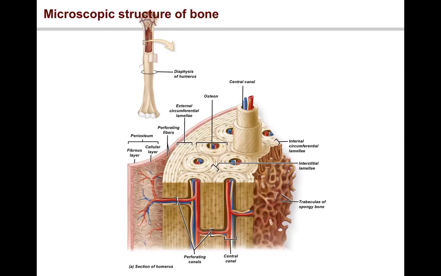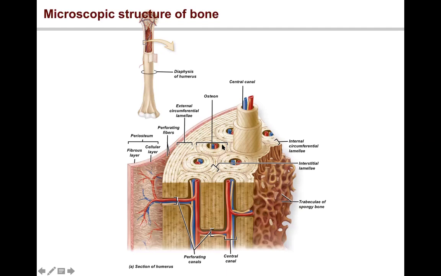This system is known as the Haversian canal because of the arrangement of these cells. This canal consists of one or more blood vessels. As you can see, these are the arteries and veins, and these blood vessels carry blood to and from the osteon.